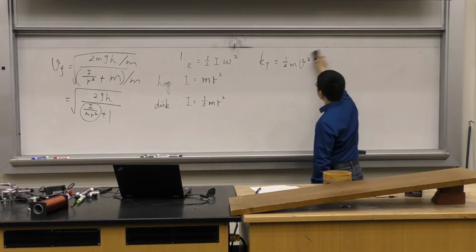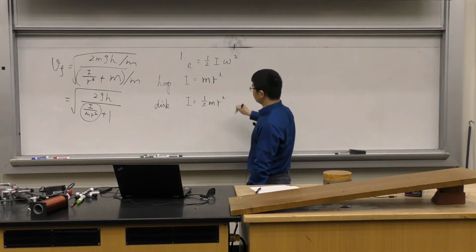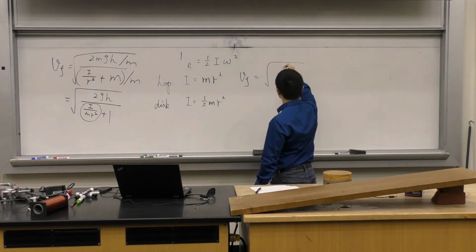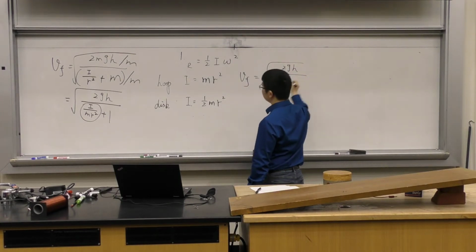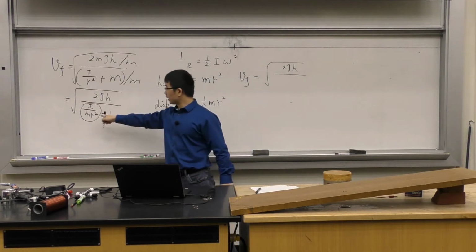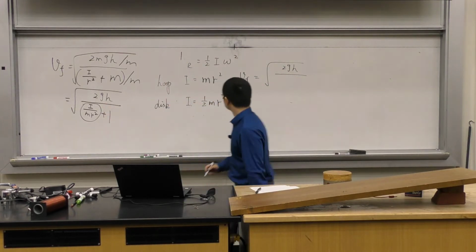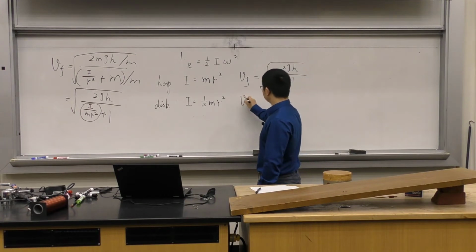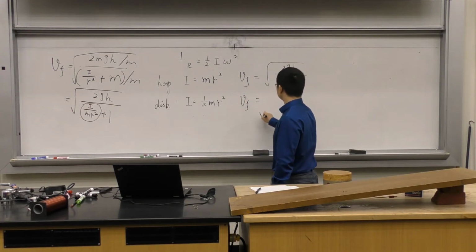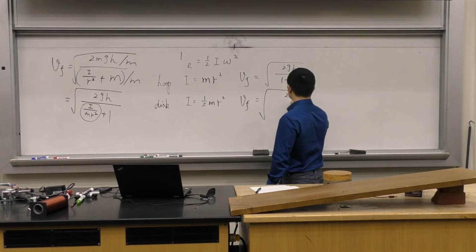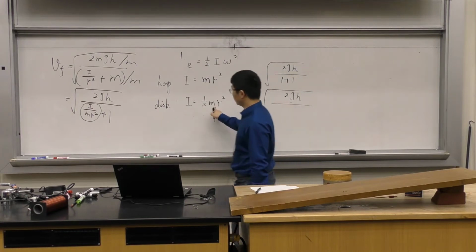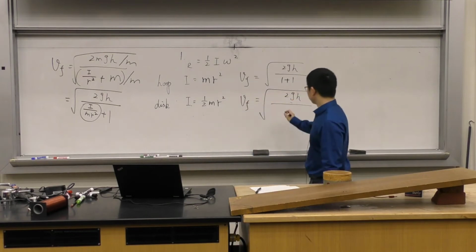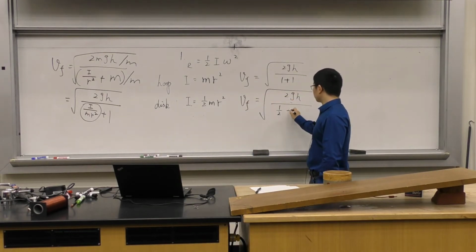Now let's see. If you plug this I in, what do you get? The VF for the hoop is going to be the square root of 2gh over (I divided by mR squared, which is 1, so 1 plus 1), that's 2. For the disk, you will get 2gh over (I divided by mR squared, 1/2, plus 1). That's why I want to put them in there together.